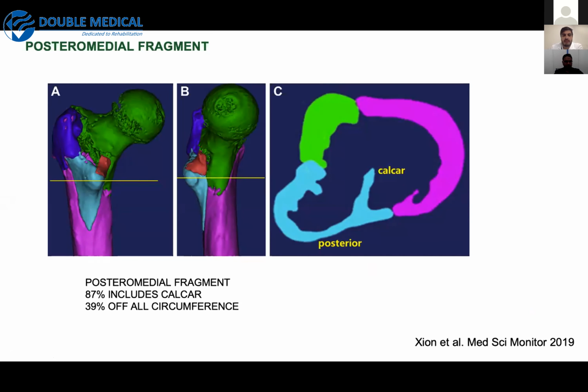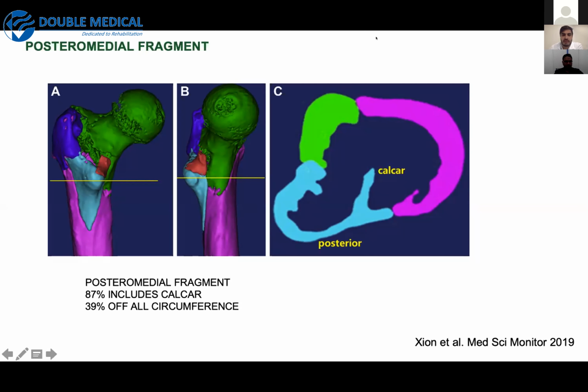In 80% of the times it includes the calcar, and if you take into account the whole shaft, it takes 39% of the circumference.